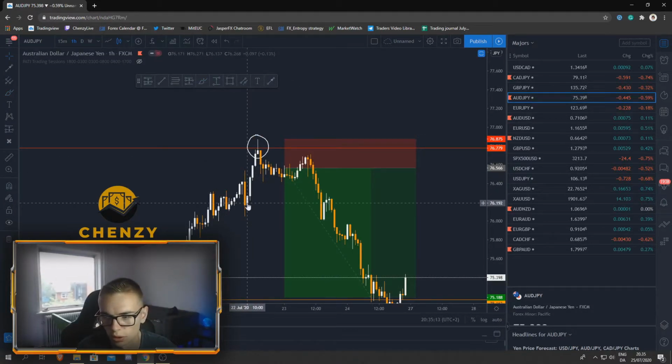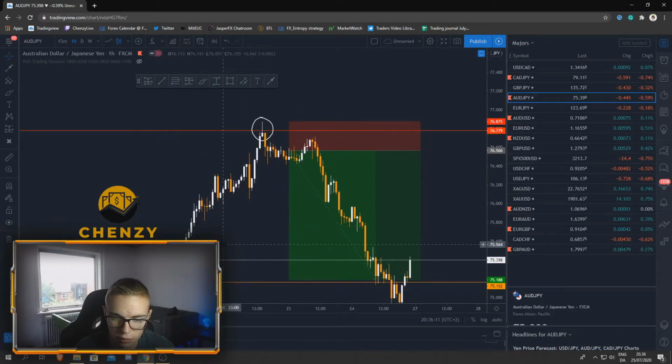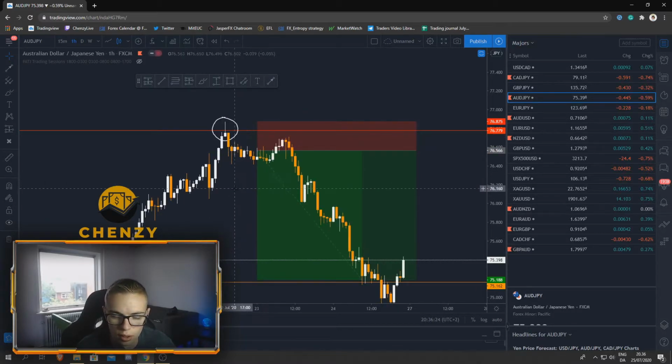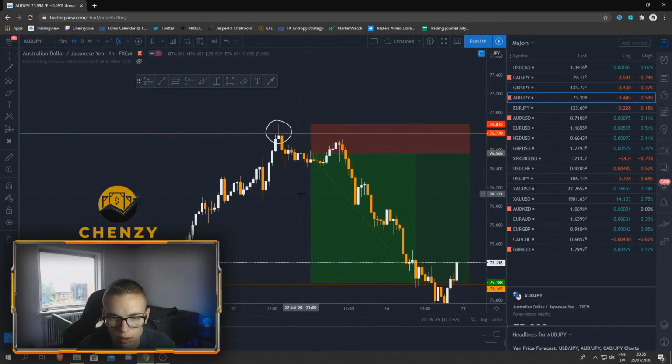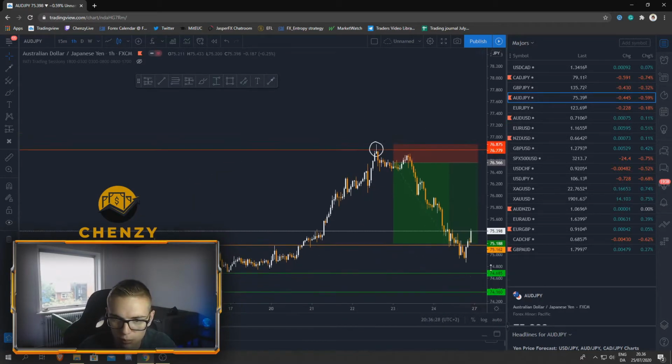Now, of course, this is a bearish hammer, and the example that I drew was a bullish hammer. But you can call this a reverse hammer, an upside down hammer. But yeah, price was moving up.